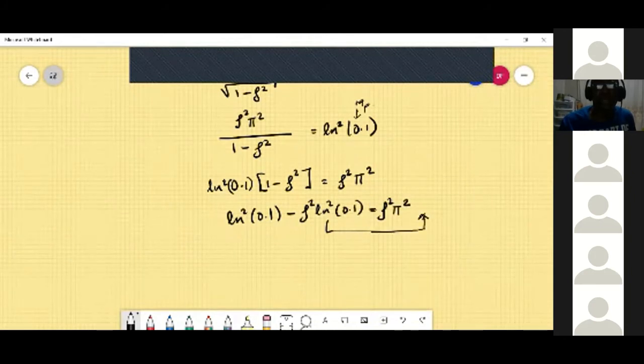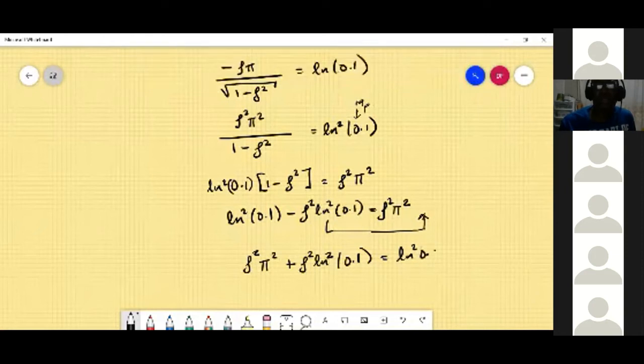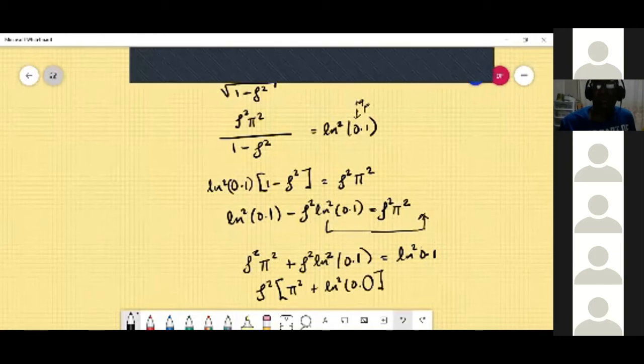So we get pi squared damping ratio squared plus damping ratio squared ln squared 0.1 is equal to ln squared 0.1. So take the damping ratio squared out of the bracket, pi squared plus ln squared 0.1 is equal to ln squared 0.1.